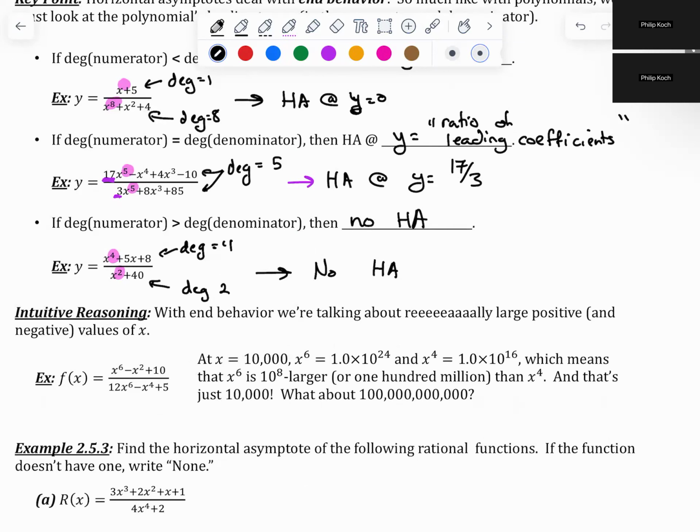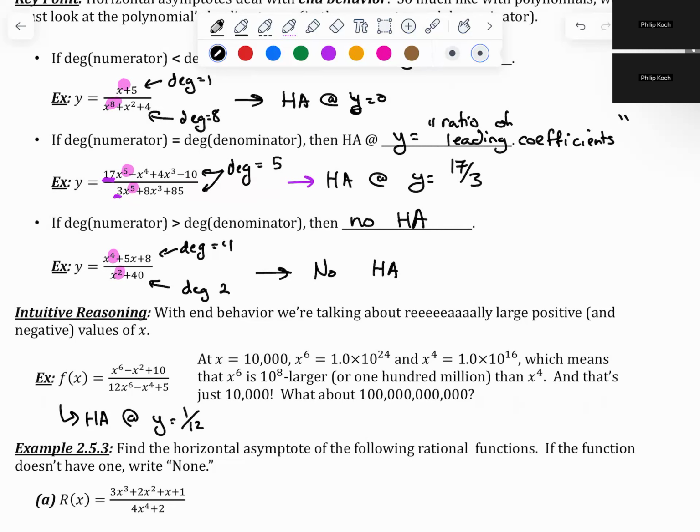With x to the 6th, this one will have an HA at y equals 1/12. The intuition is, pick a number that's really large, 10,000. That's really large for us, but if we're talking about end behavior, about infinity, 10,000 is chump change.